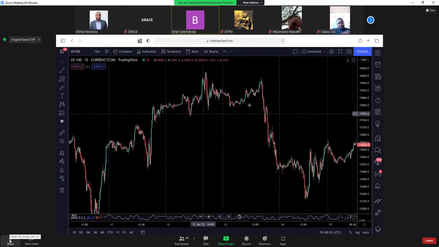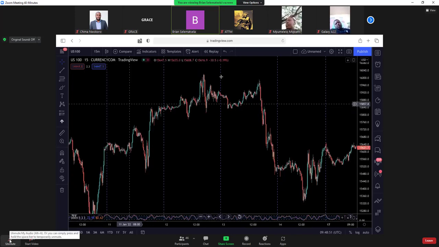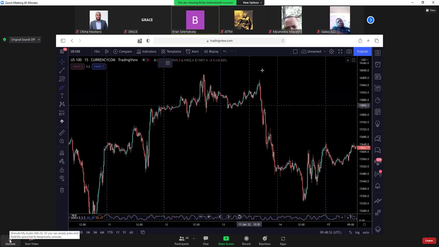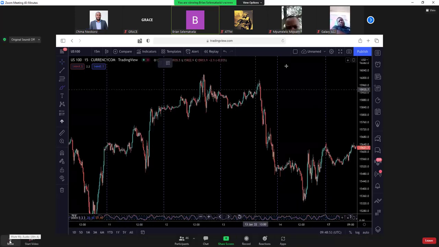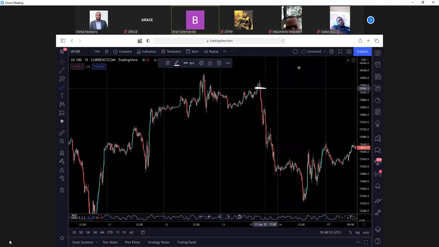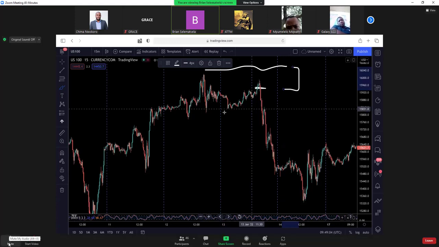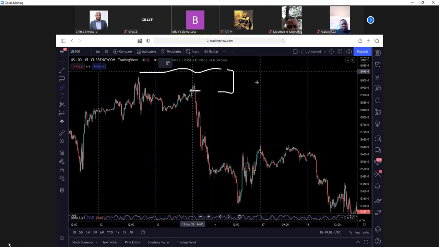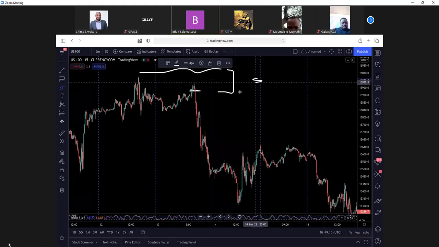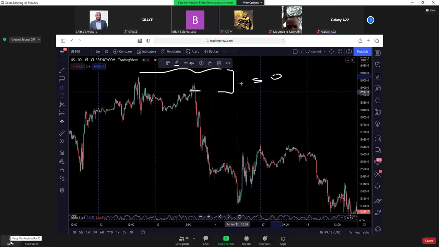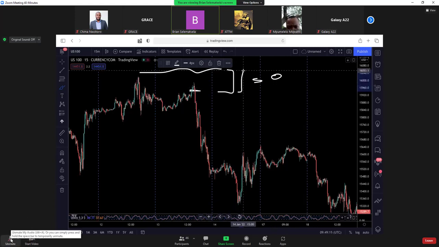If I've entered a sell here, I know my stop loss is around here. Sorry. And the distance from here to there, let's say I'm using a certain lot size, this is 50 pips. I know that if the market goes against me until there, I will lose the amount that I put in that specific account.